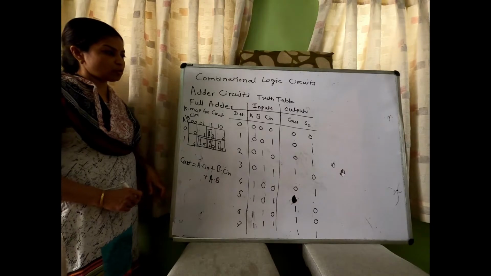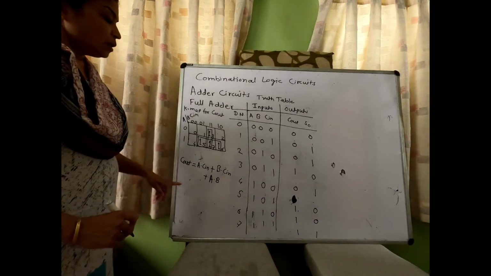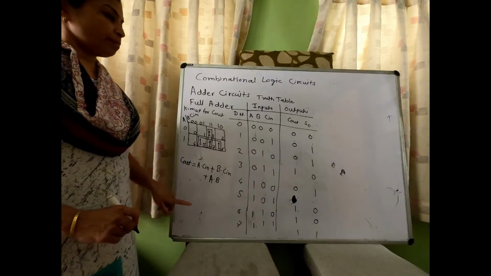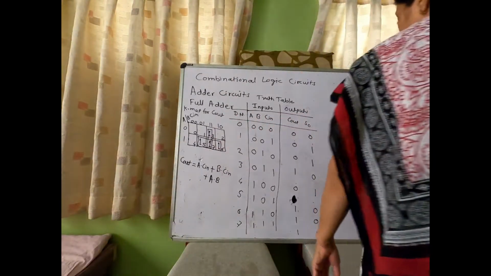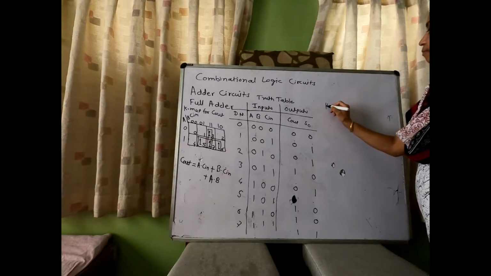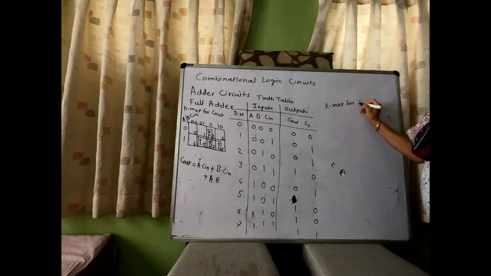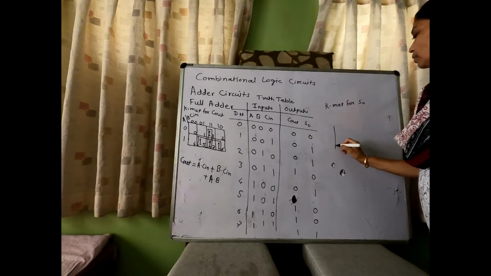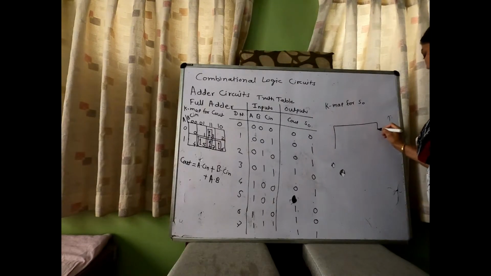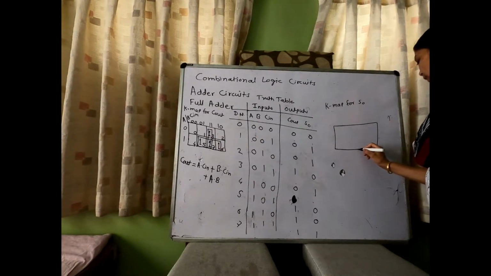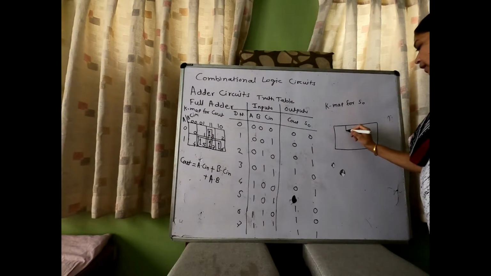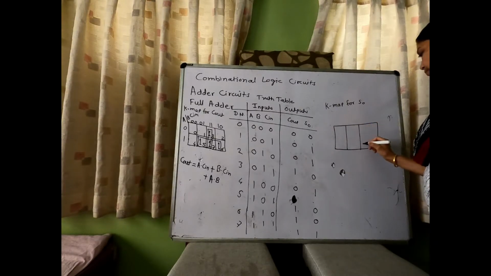In the same way we will go for the K map for S0. Again we will prepare the 3 variable K map, as we have 3 inputs A, B, C in.